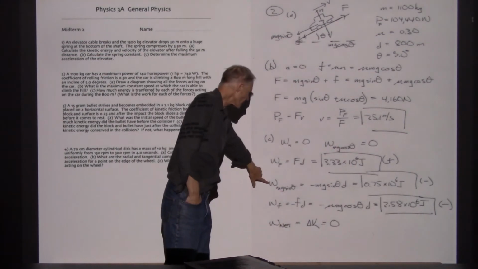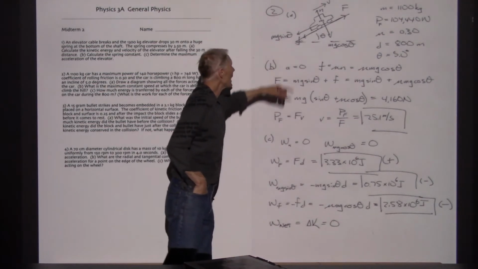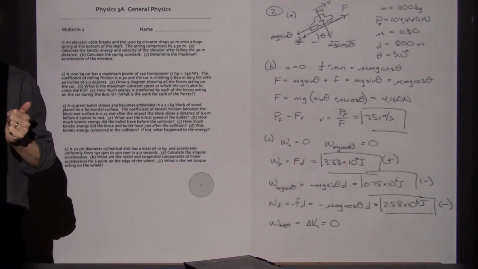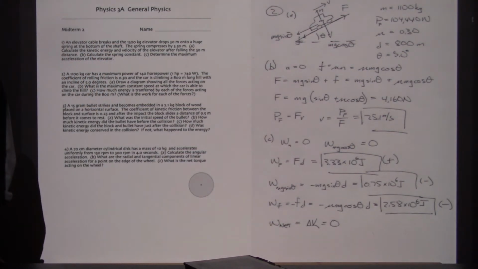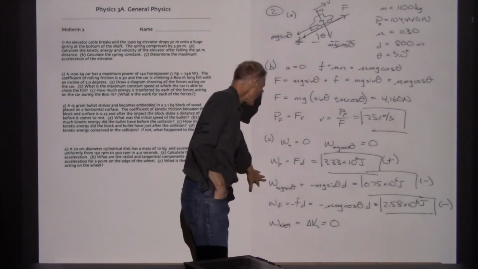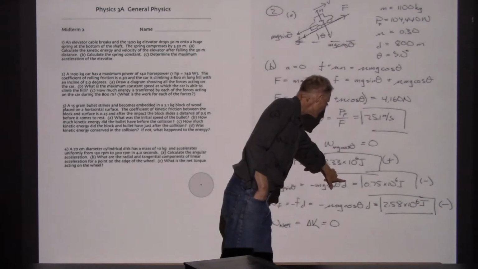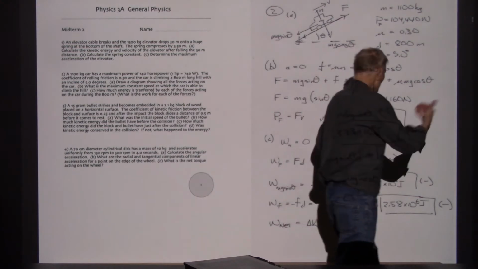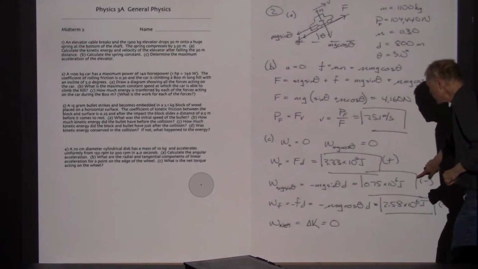Now, work is also being done, energy is being transferred by mg sine theta, but as you can see, mg sine theta is opposite the direction of displacement. Mg sine theta is taking energy out. So now I can calculate that as mg sine theta times d. I put a minus sign here, but then on the other side I switched and put the minus sign out here.